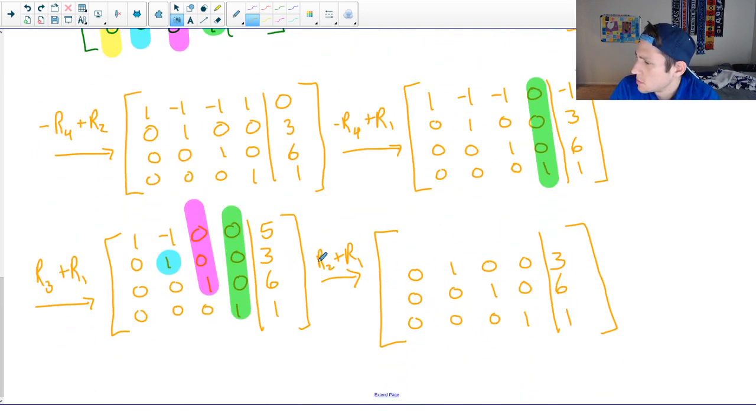So row 2 plus row 1, so 3 plus 5 is 8. 0 plus 0 is 0. 0 plus 0 is 0. 1 plus negative 1 is 0. 0 plus 1 is 1.